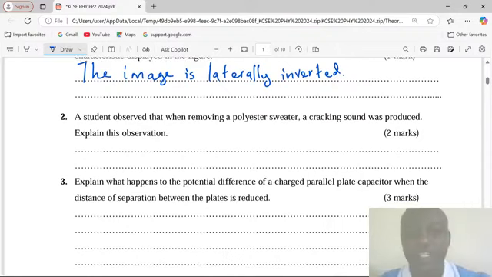A student observed that when removing a polyester sweater, a cracking sound was produced. Explain this observation. What is leading to the production of a cracking sound? Actually, there are also some sparklings. Some sparks tend to be produced.